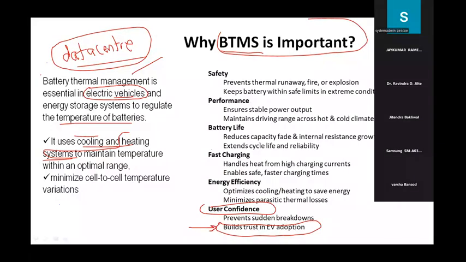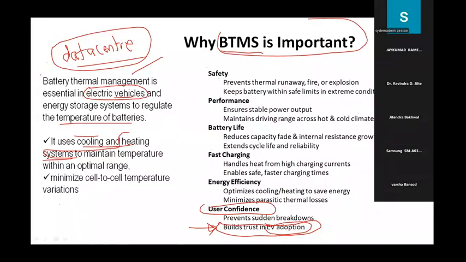And unless we, the researchers, the faculty members, the academicians, the persons from the industry, help in one way or the other in making EVs safer for the user, that research or that kind of contribution will be very helpful for the society.